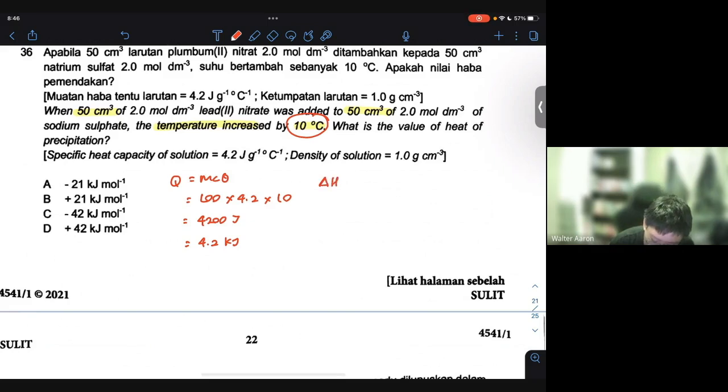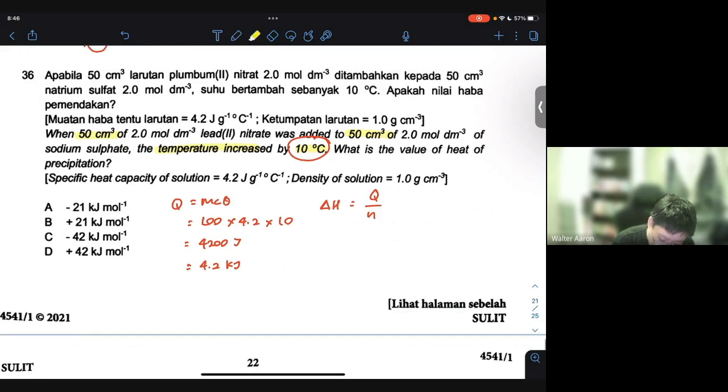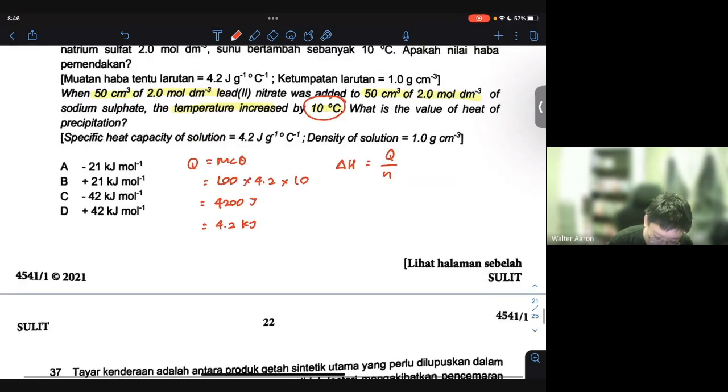Next, delta H is equivalent to Q over n, okay? So since the concentration and also the volume is the same, we're going to use either one of them to calculate n.